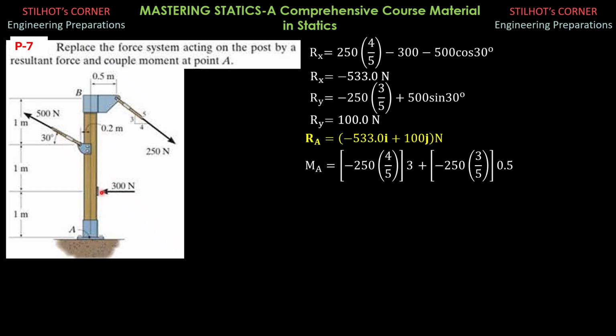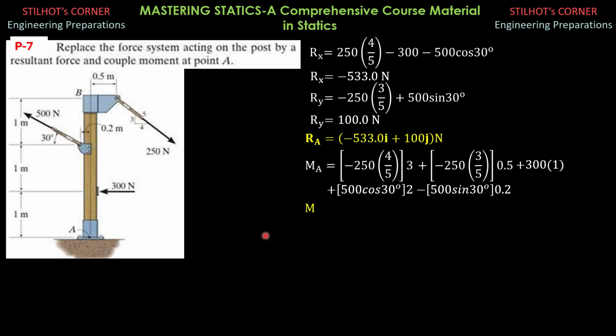Then for this 300 Newton force, it is counterclockwise, so plus 300 times 1. For the horizontal component of 500, it is counterclockwise about A, so it's positive. So plus 500 cosine 30 times 2 meters. And for the vertical component, it is clockwise, so minus 500 sine 30 degrees times 0.2.